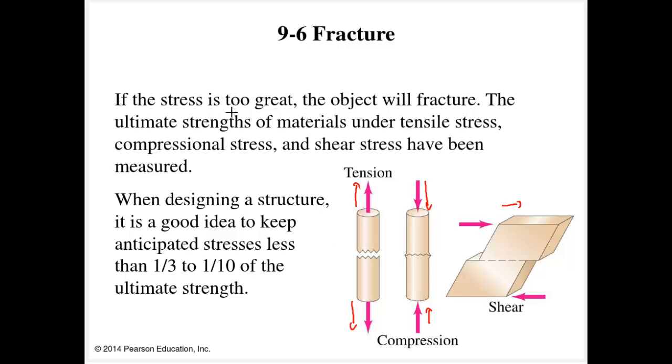So we know if the stress is too great, it's going to fracture. And the good thing is we've gone ahead and measured the ultimate strength of materials. You can see this in table 9.2. This table tells you the tensile, compression, and shear strength at which an object will tend to fail.